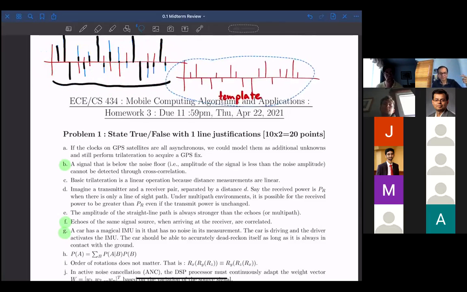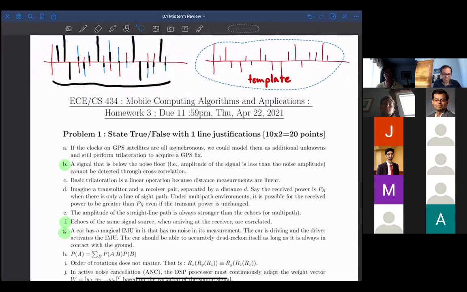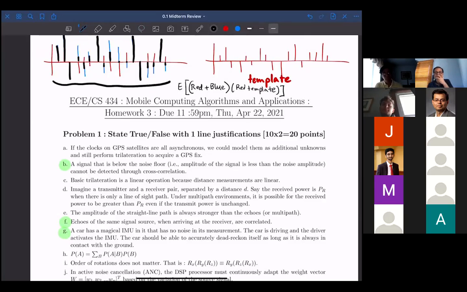In other words, what you're really looking at is the expectation of red plus blue with red. This is what cross correlation is.